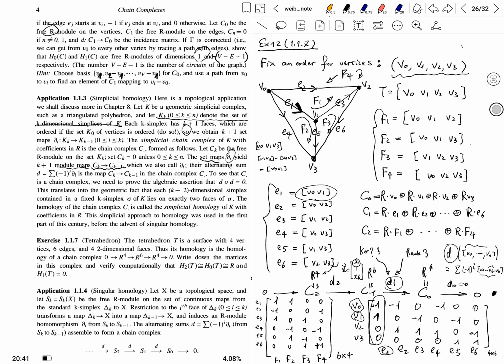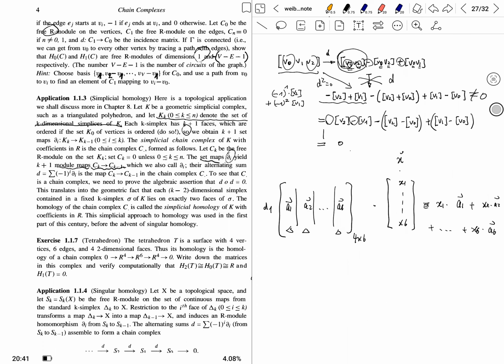Yeah. So if you just look at this matrix, if the coefficients are in a field, then this is again very easy because you already see the rank of this matrix is 3. And so this space is R4. As I said, if I'm talking about a field, then this is a 4-dimensional vector space. There you have a linear transformation whose rank is 3, and so the kernel would be 1-dimensional.